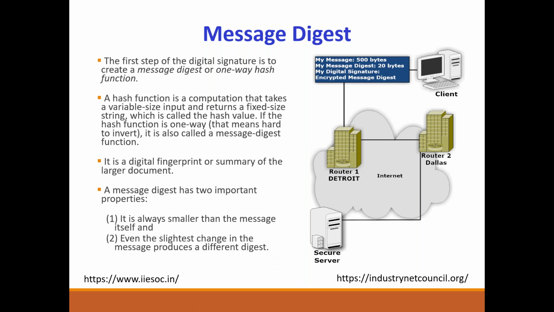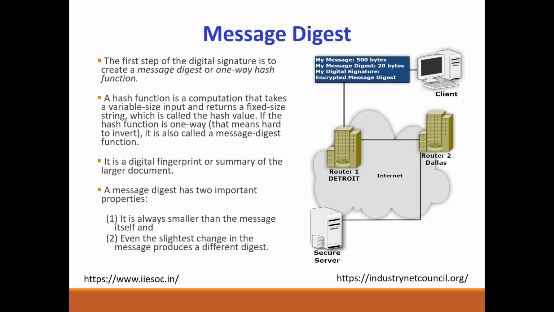The first step for the message digest is to create a hash. It's a hash function, a computation that takes the message in and returns a fixed size string. The idea is that you want it to be smaller than the message itself, and if you change the message in any way, it creates a different digest.